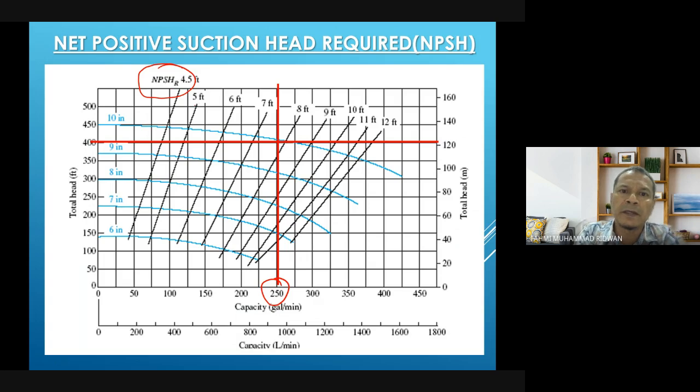You can see here 5 feet, 6 feet, 7 feet, and 8 feet. So at this point it is around 7.6 or 7.7. So this is the way we determine some parameters if two parameters are given here.